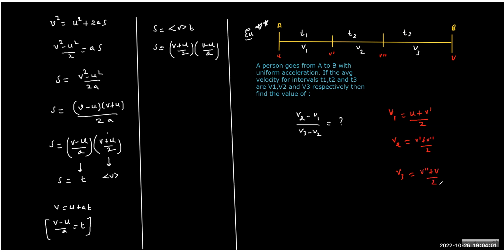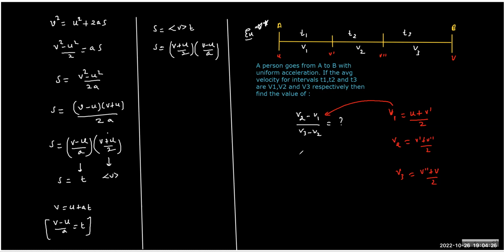Now, what you were supposed to do is just replace V1, V2, V3 in the equation. Because once you replace, you will get the end velocity, and we can use the kinematical equation for the end velocity to get the relationship. So can you do further? I have given you the first hint. From here, you should be able to proceed and get the answer.